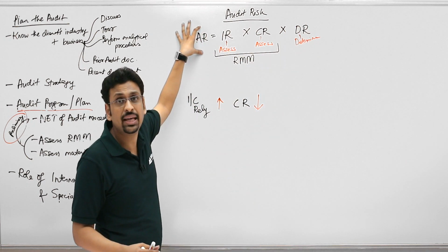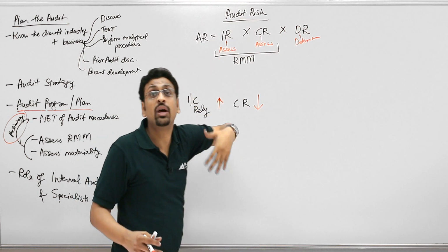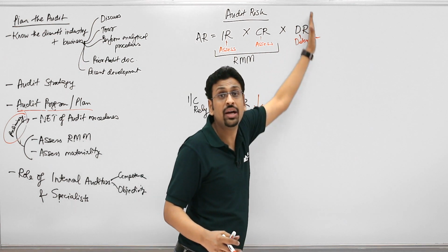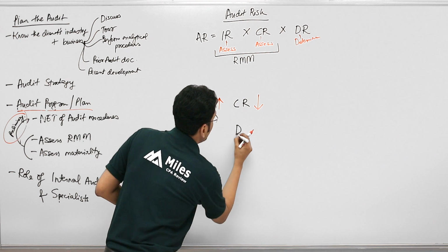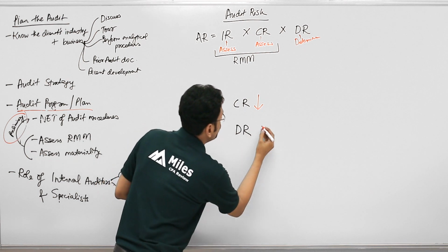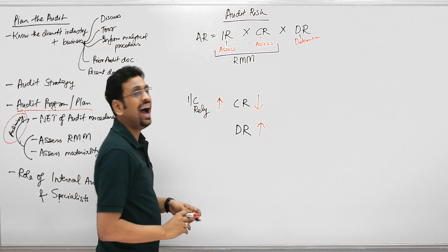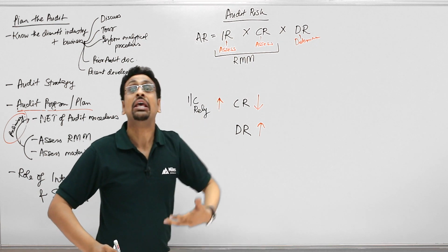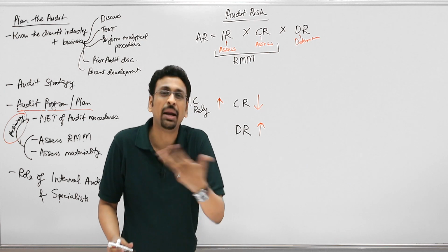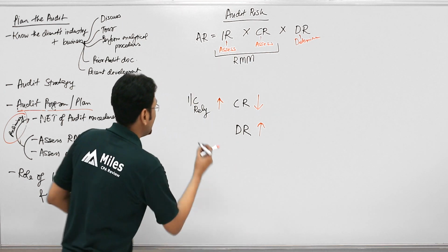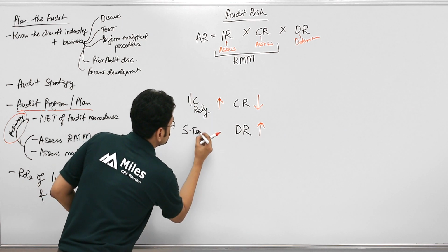The audit risk could be at the same level. So if you reduce this, you can afford to increase your detection risk. So you would say if control risk is low, you can have a higher level of detection risk. Higher level of detection risk means you can afford to have a risk that you would miss a material misstatement. That means you would do less work, so less substantive testing.